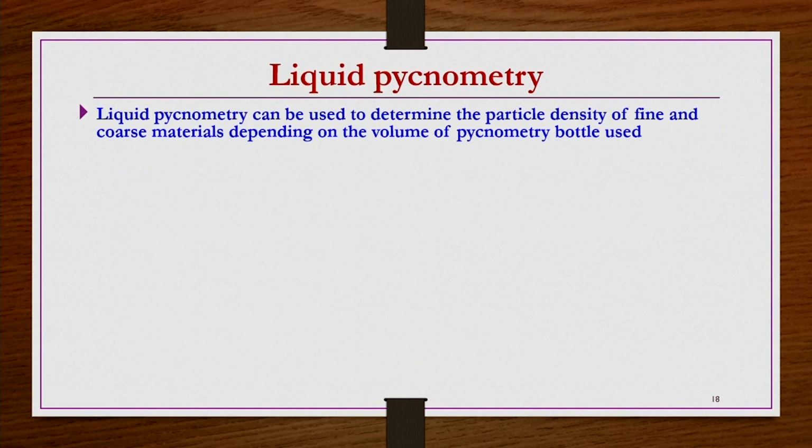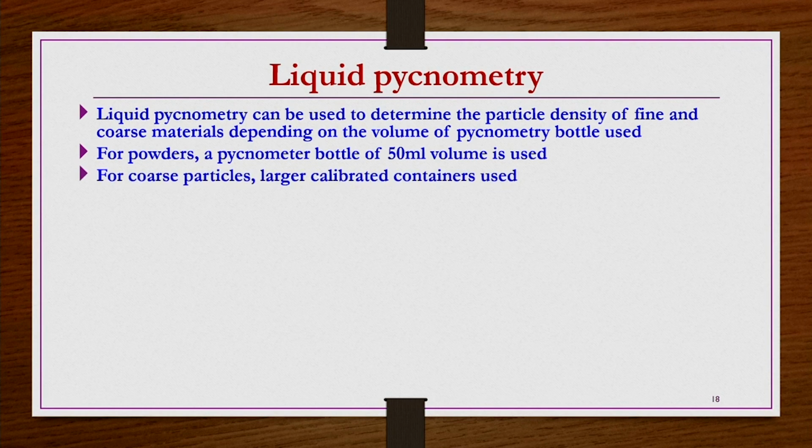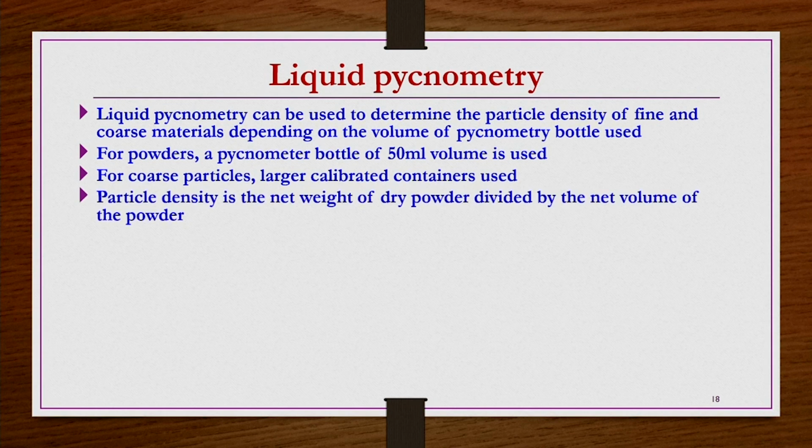Liquid pycnometry can be used to determine the particle density of fine and coarse materials, depending on the volume of the pycnometric bottles used. For powders, a pycnometric bottle of 50 ml volume is sufficient, but for coarse particles, larger calibrated containers need to be used. Particle density is the net weight of dry powder divided by the net volume of the powder.